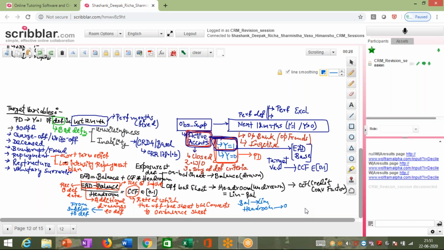And when headroom tends to 0, the CCF tends to become undefined. So it is very important that this headroom condition, where headroom tends to 0, is further investigated.